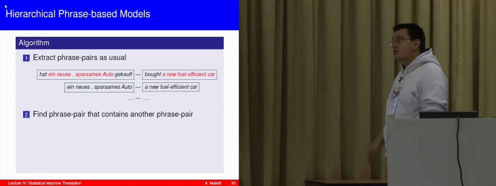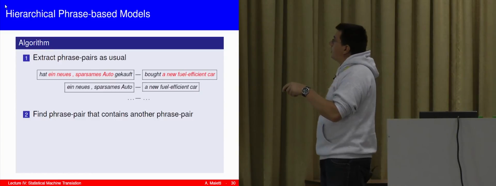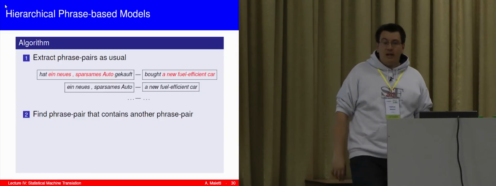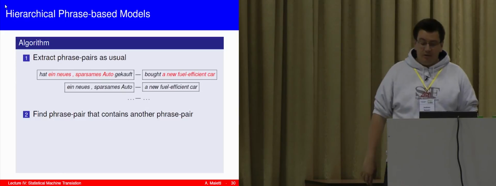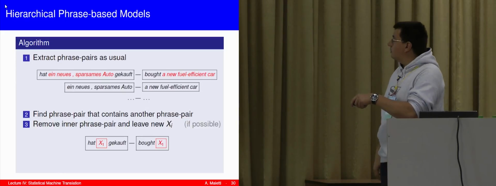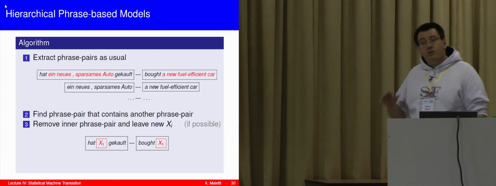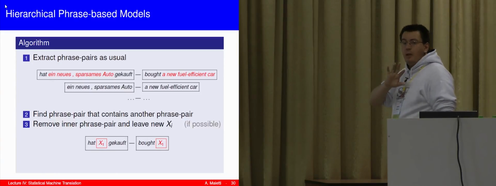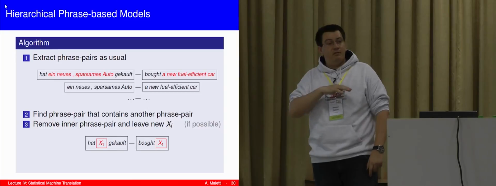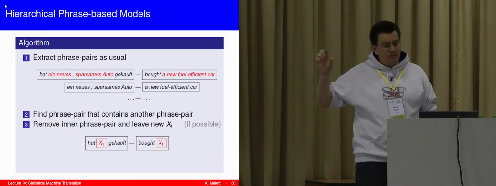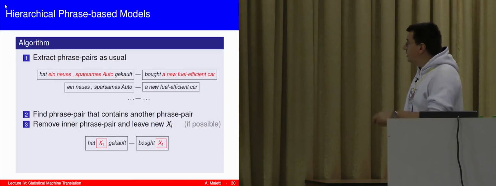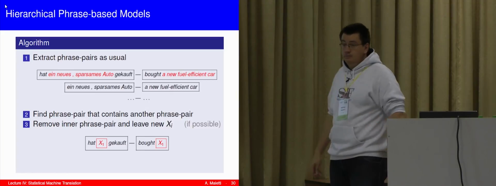And if you have such a situation, you can create a variant of the first one where you subtract the phrase pair that you found. So you're going to get a rule like this. You have to check that it fulfills the restrictions I just mentioned. So it should not remove everything from the left-hand side, it shouldn't create X's that are adjacent to each other, and so on. But this is how you would obtain this rule.